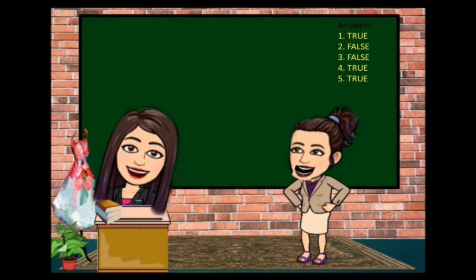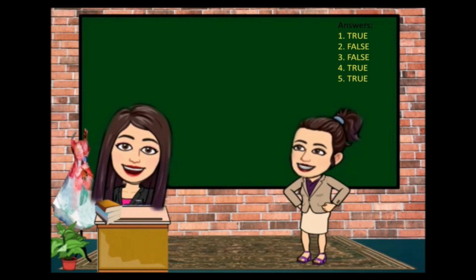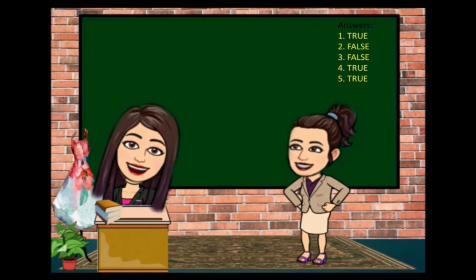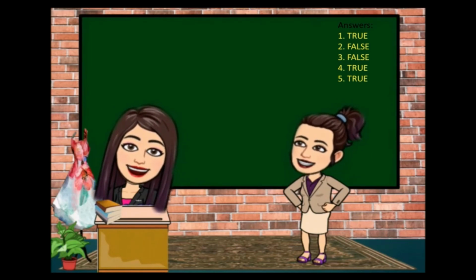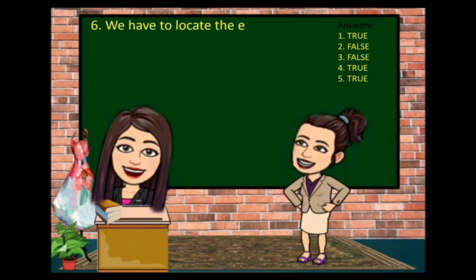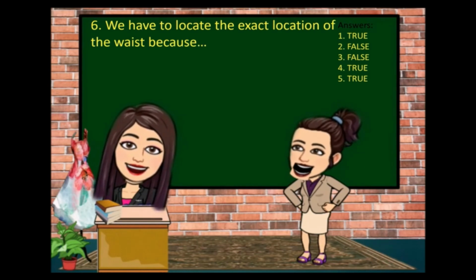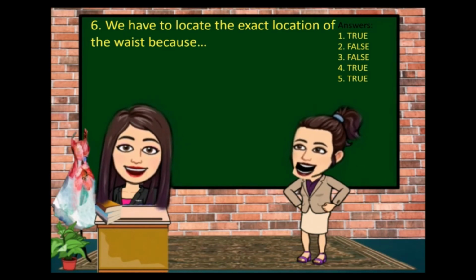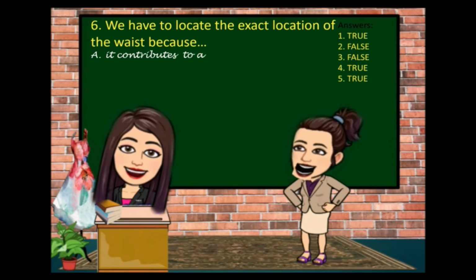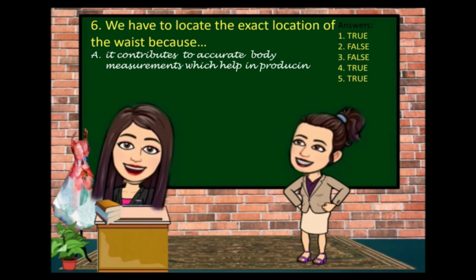For question number 6, complete the sentence by choosing the letter of the best answer. We have to locate the exact location of the waist because letter A, it contributes to accurate body measurements which help in producing a well-fitted garment.